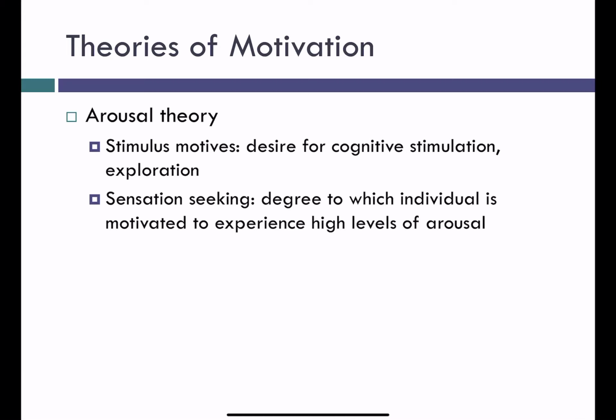And so we all have this optimal level of arousal that we seek. When people are sensation seekers, they have a high level of optimal arousal, so they engage in what we consider risky behavior. For example, someone who engages in a really risky sport like base jumping, we would consider sensation seeking.